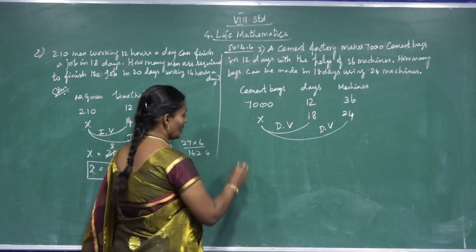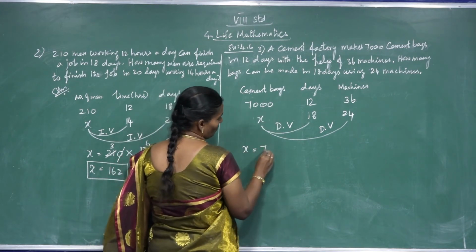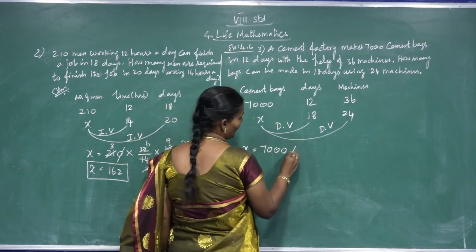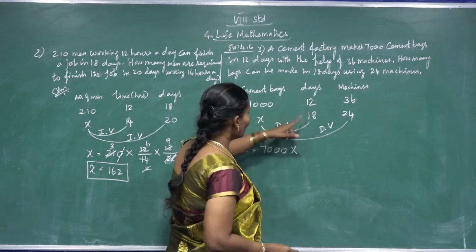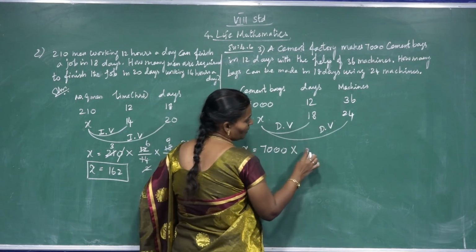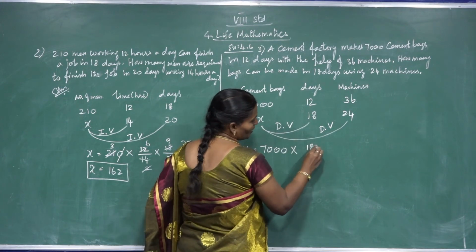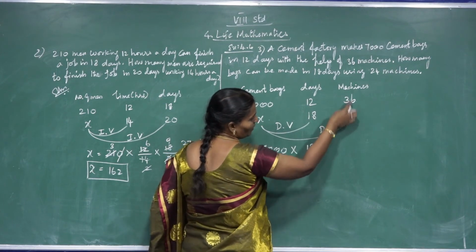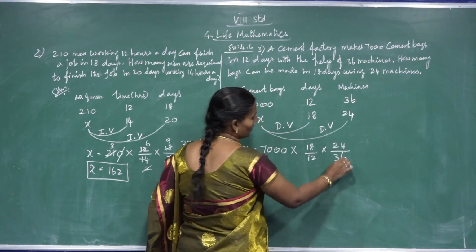Now what do you write here? X is equal to 7,000 multiplied. Since these are direct variations, you write the reciprocal: the first one comes in the denominator, the second in the numerator. So 18 by 12, multiplied by, here also the reciprocal, 24 by 36.